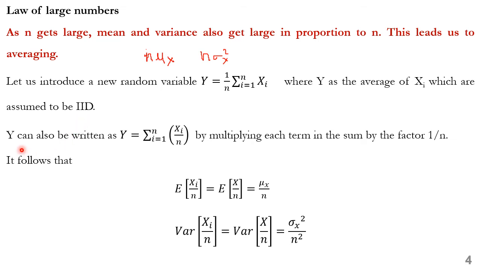Y can also be written as the summation of i varying from 1 to n of Xi by n, by multiplying each term in the sum by a factor of 1 by n. So when we take the expectation of Xi by n, it is equal to expectation of X by n, that is equal to mu x by n. Variance of Xi by n is equal to variance of X by n, that is equal to sigma x square divided by n square.